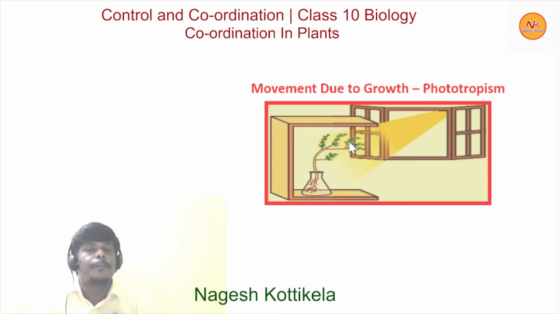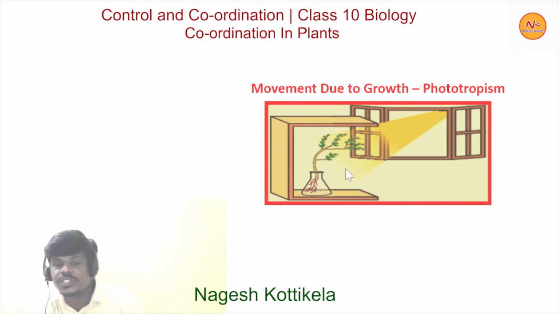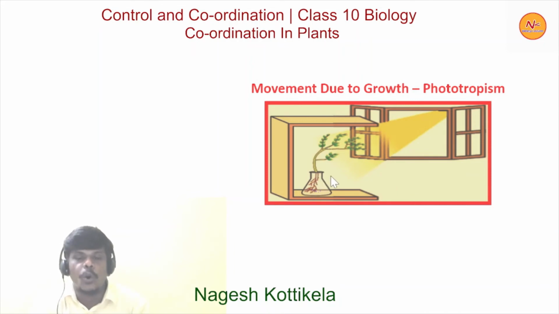The shoot is positively phototropic, whereas here the roots do not grow towards light. You can see they are not coming out of this vessel towards the light. No, they are going downwards. So roots are negatively phototropic and a shoot is positively phototropic.